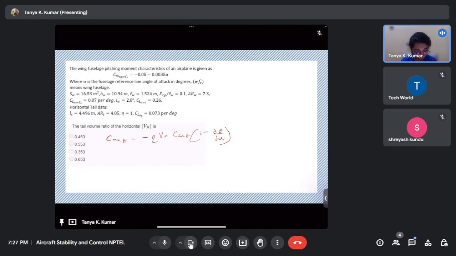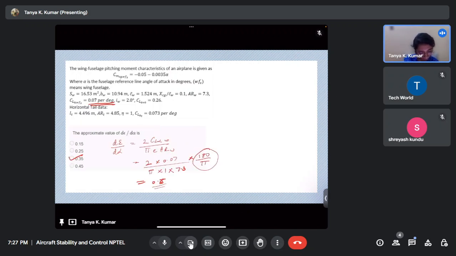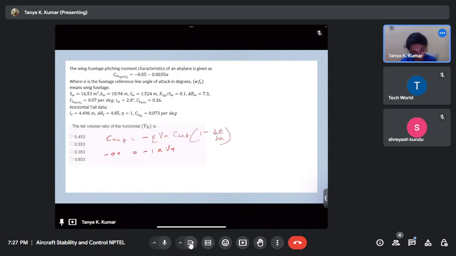Yes, we've calculated all of these, or they're given to you. So efficiency factor is 1, VH is what we need to find out. Cm alpha tail is, how much did we get that as? 0.0215. Cl alpha of the tail is 0.073.